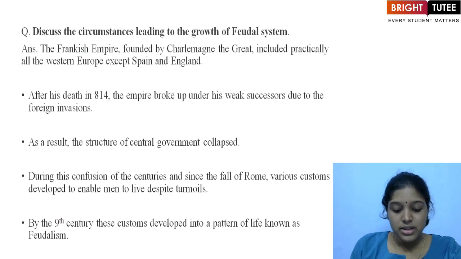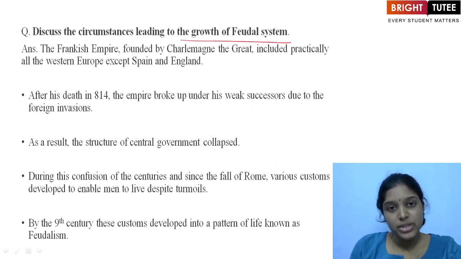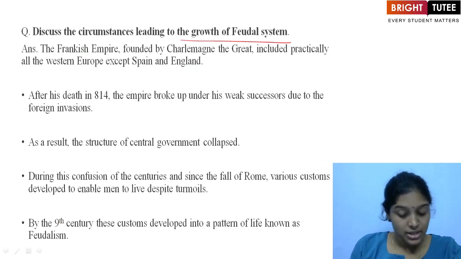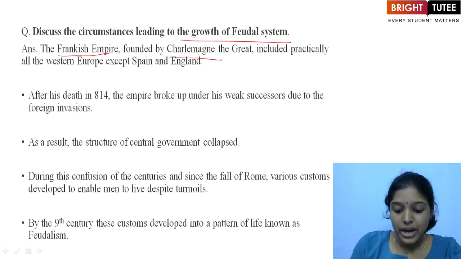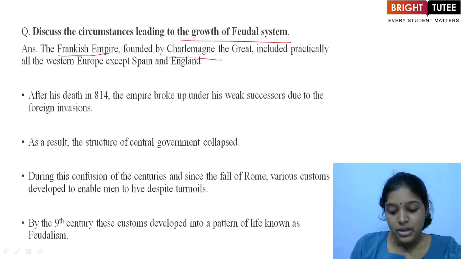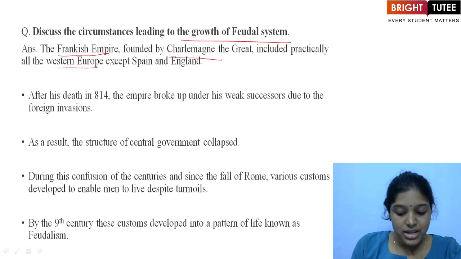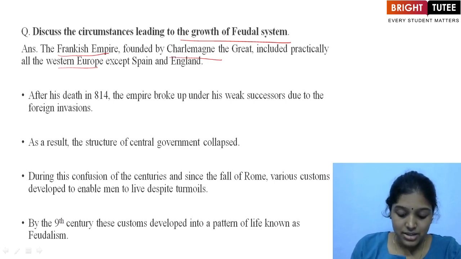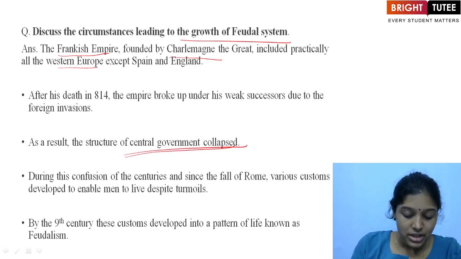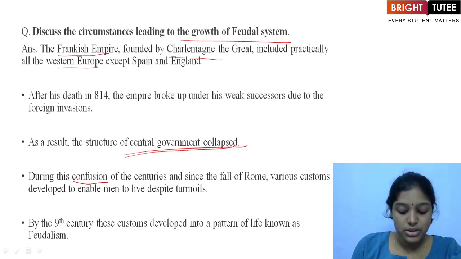Third question is, discuss the circumstances leading to the growth of feudal system. So the circumstances are the Frankish Empire, founded by Charlemagne the Great, included practically all Western Europe except Spain and England, and his death leads to weak successors, and as a result there is a collapse of the central government, and it leads to a lot of confusion.